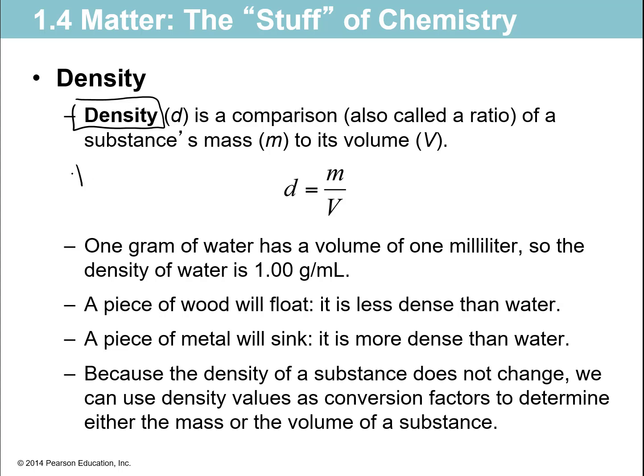So by definition, density is equal to mass, the mass of a substance, and it's typically listed in grams, divided by its volume. And the volume is typically listed in milliliters. I mean, it can be liters if we're talking about gases, but for most liquids.